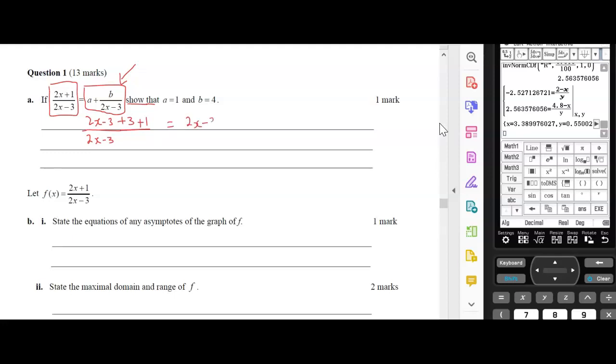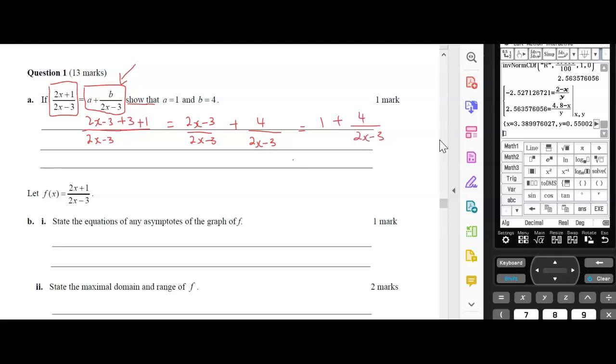So we can separate that into 2x minus 3 over 2x minus 3, plus 4 over 2x minus 3, because 3 plus 1 is 4. That is equal to 1 plus 4 over 2x minus 3.